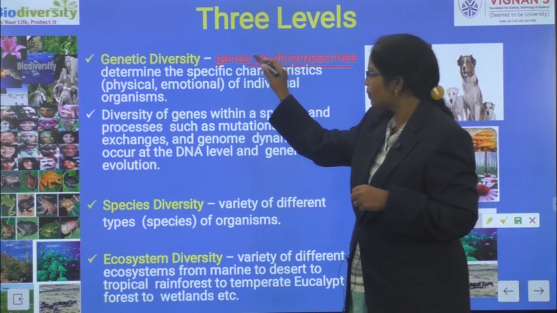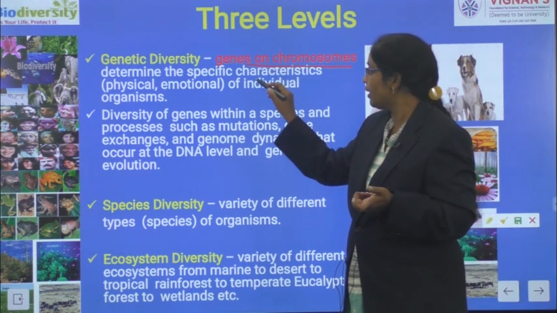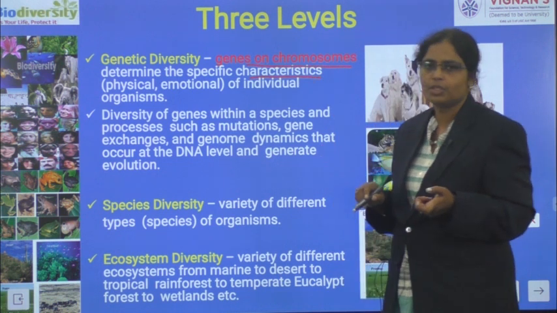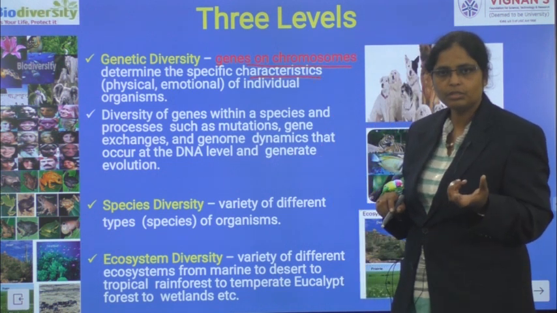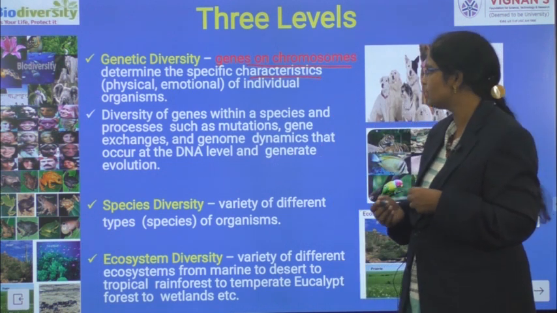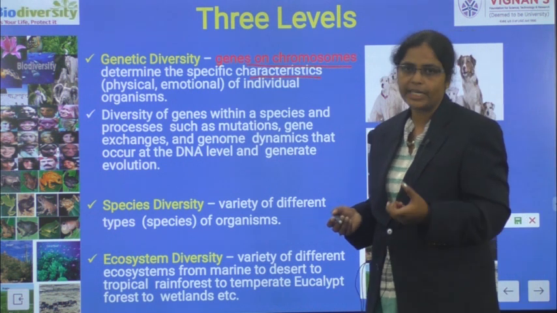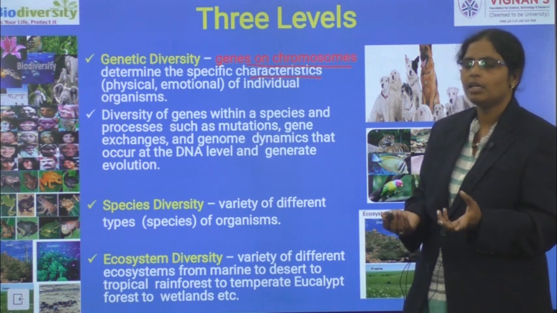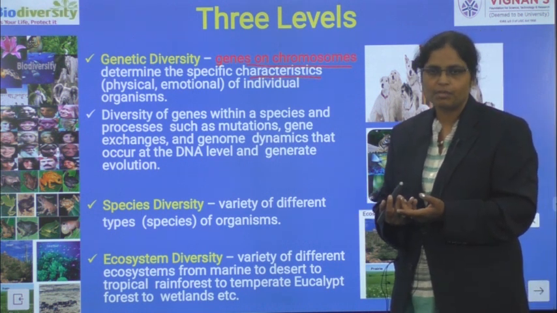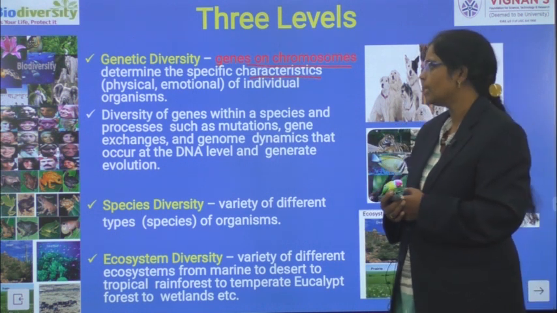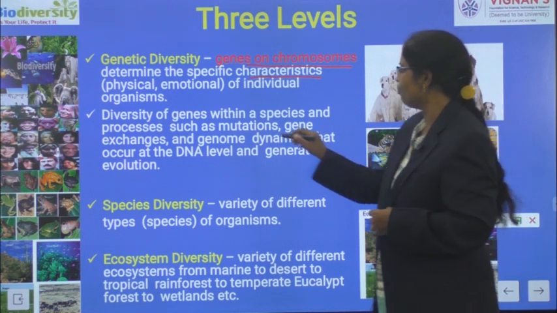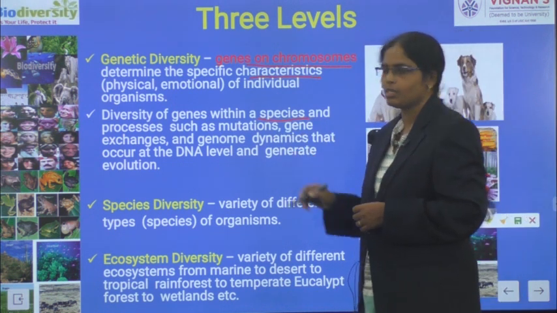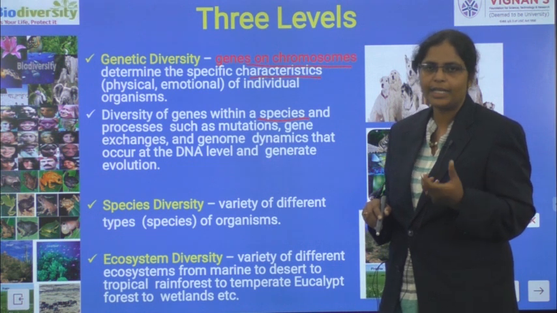These particular genes determine the specific characteristic features, physical features, and emotional features of an individual organism. That means changes at the gene level result in external changes, both physical and emotional. And diversity within a species, and the processes, how it occurs, how it happens.